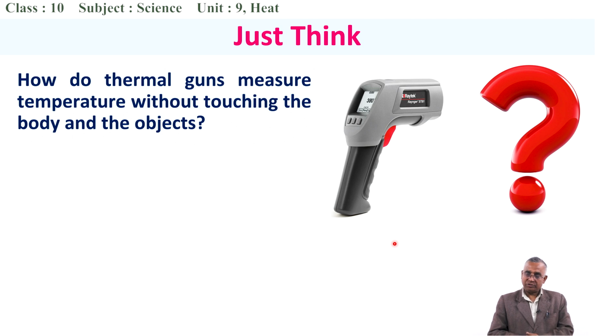Generally, we have used different types of clinical thermometer which we have to keep in contact with our body, either in the armpit or under the tongue. But this instrument does not touch the body. Just by passing a ray, that ray I think you are familiar with, that is infrared.